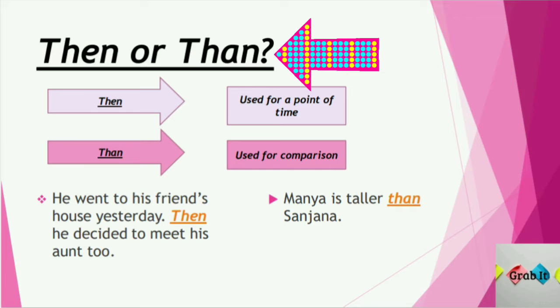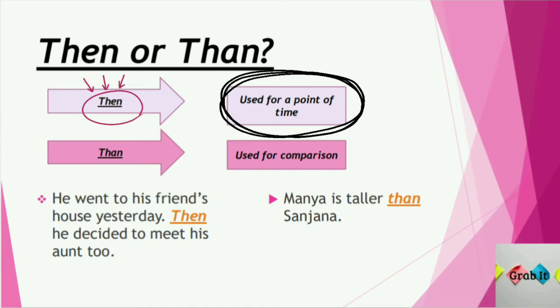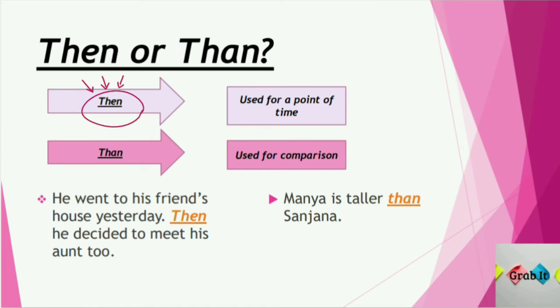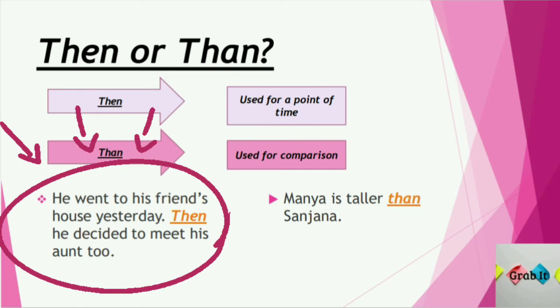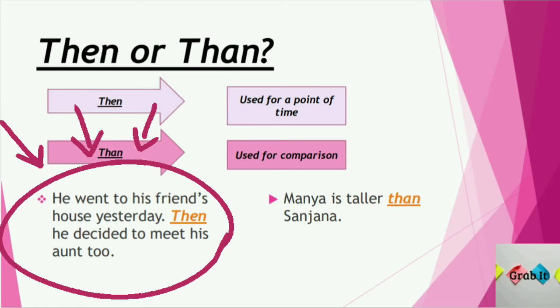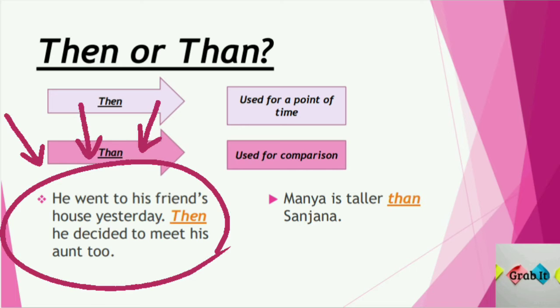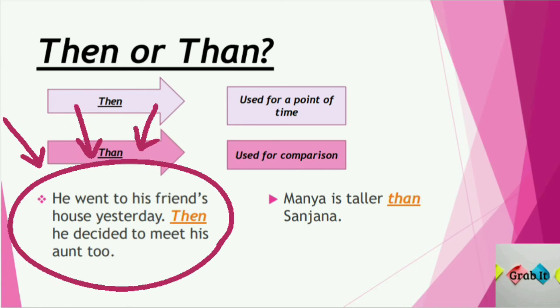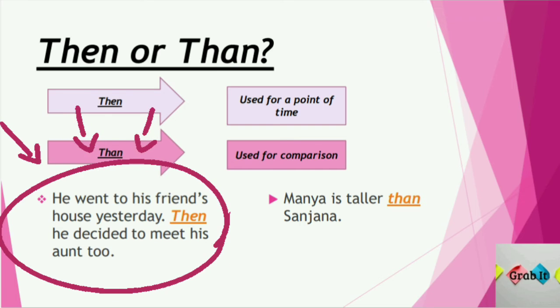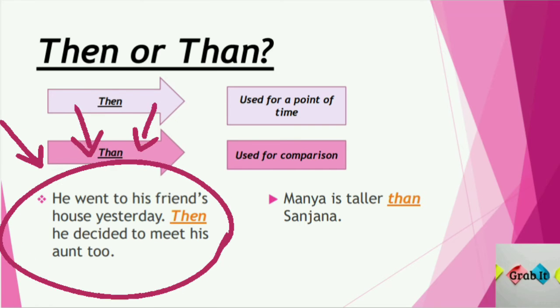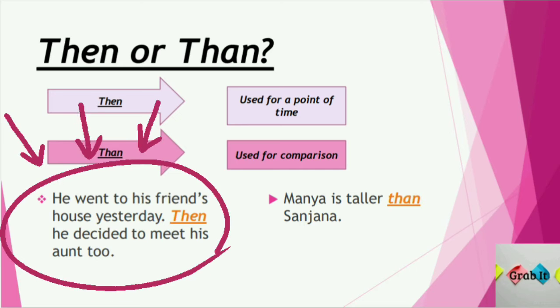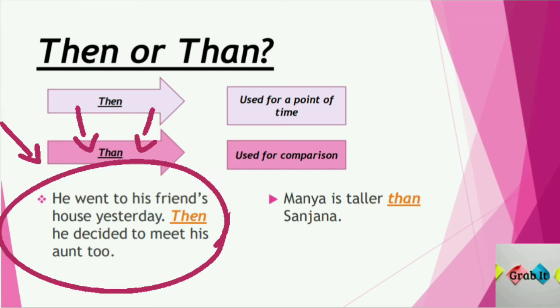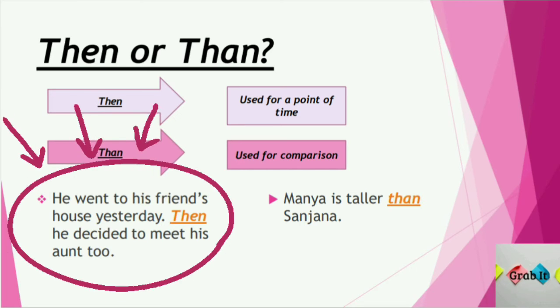Moving on to the next one, difference between then or than. The first one is then. Then is used for a point of time. For example, he went to his friend's house yesterday. Then he decided to meet his aunt too. So first, the boy or the man went to his friend's house, and later he decided that he will meet his aunt as well.